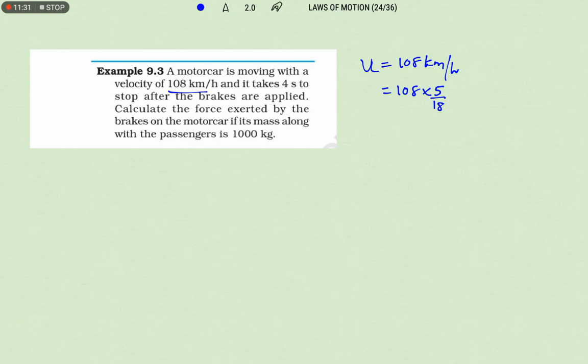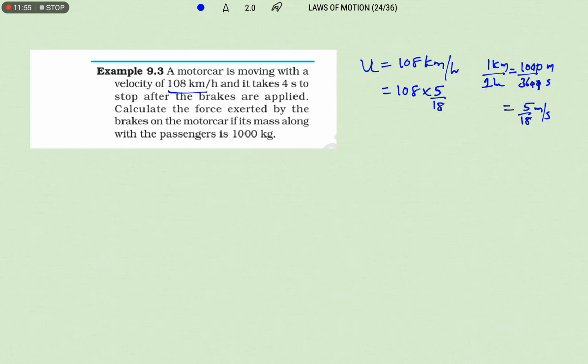Sir, why are you multiplying this? Because 1 kilometer per 1 hour is equal to 1000 by 3600. So 1 kilometer is 1000 meter, 1 hour is 3600 seconds. After simplifying this, we get 1 kilometer per hour equals 5 by 18 meter per second.